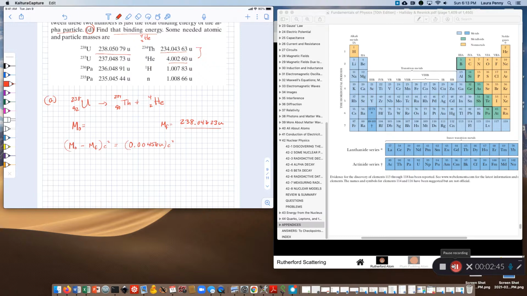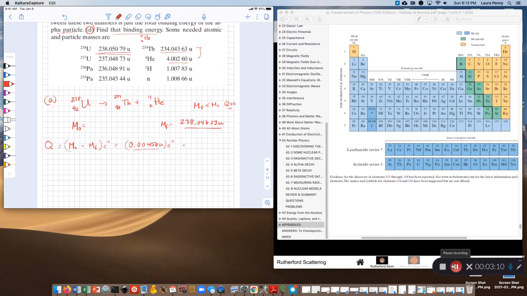And then if I take the mass of the uranium-238 and subtract the final mass, I get 0.00456 u times c squared. That's the energy that should come out. And this is positive, so that means energy is coming out. I have less mass afterwards, so my Q is positive. I get the energy to come out.